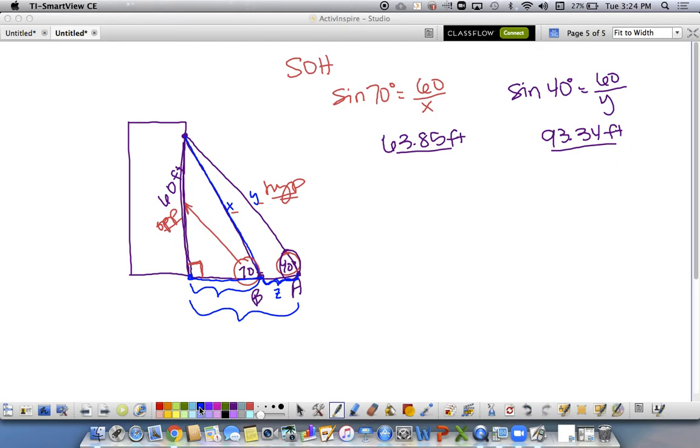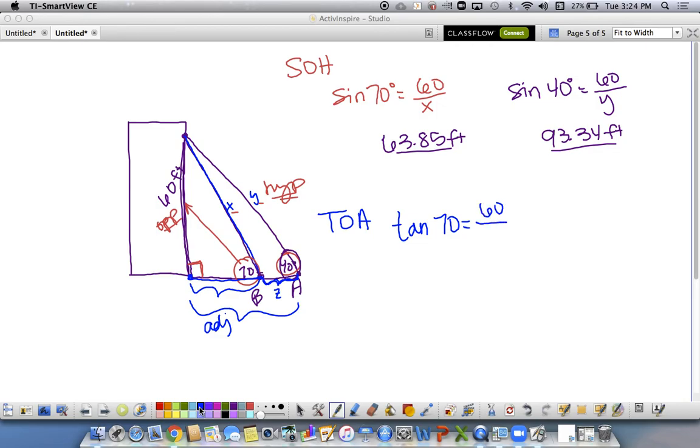So this distance from the building to the people is going to be the adjacent. And we know when we're dealing with adjacent and opposites, we're going to use TOA, correct. So I'm going to say tangent of 70 equals opposite over adjacent.